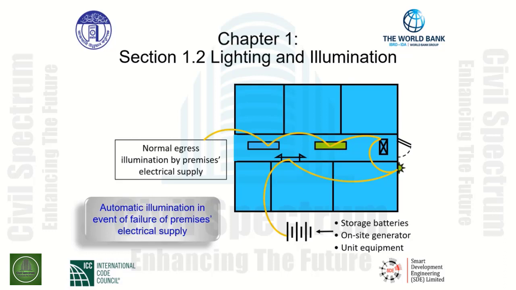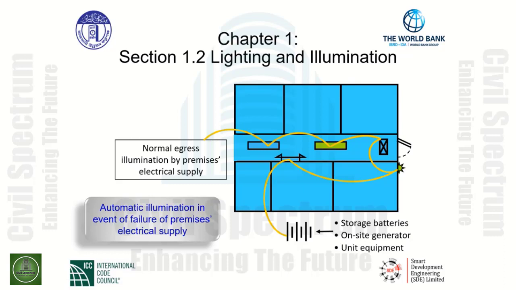Normal egress illumination by premises electrical supply. As indicated, wiring of the lights in the corridor of what appears to be an office space. We have the 2-head emergency light affixed to the wall within the corridor.